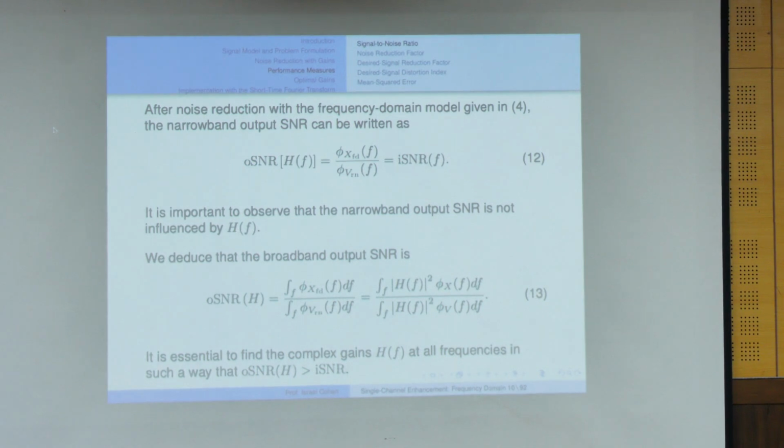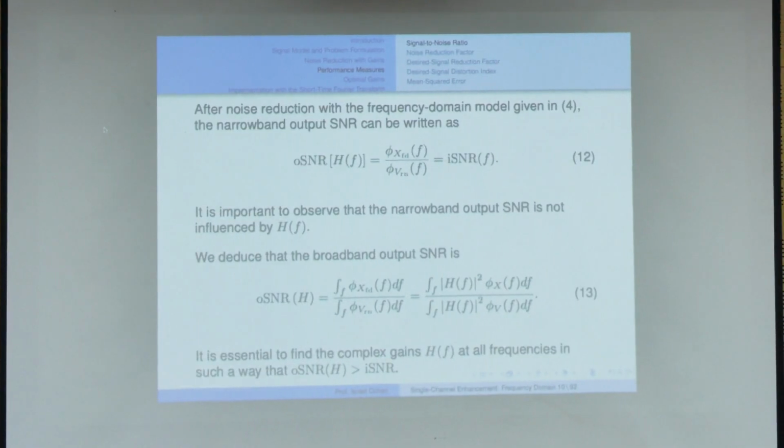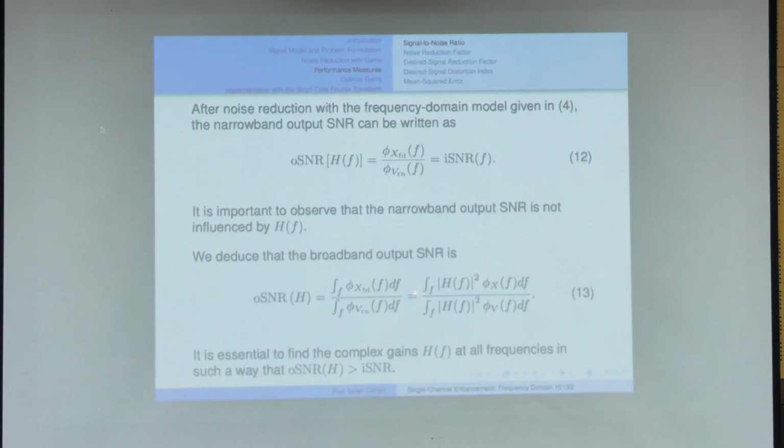Of course, we cannot get any gain in SNR in the narrowband for each frequency. But for the total broadband output SNR, can we choose H for each frequency such that the broadband output SNR will be as high as possible, for example? We will see how to do that, okay? How to choose H for each frequency.